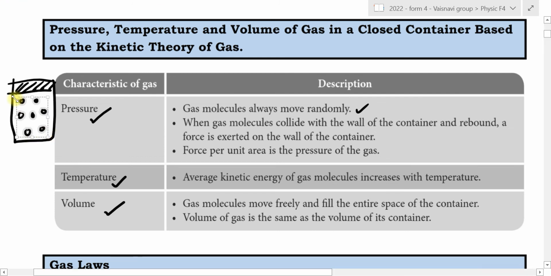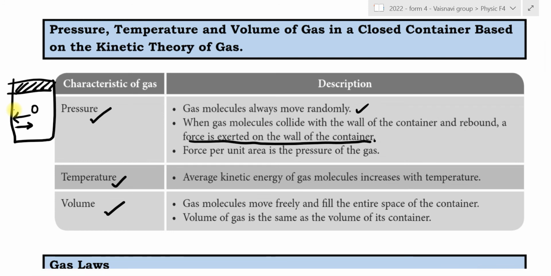Okay, jangan pakat baca je, kena tahu apa yang sebenarnya dia ceritakan. Okay, kita tengok. Kita ada satu gas molecule. Kalau gas molecule ni dia pergi hentam dekat wall of container and then rebound, a force is exerted on the wall of the container. Kenapa dia cakap macam tu?